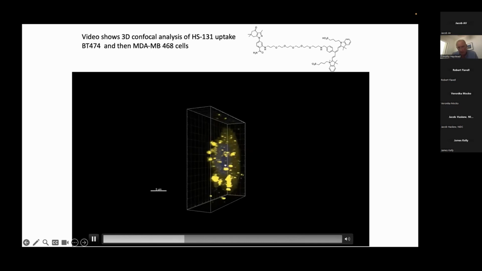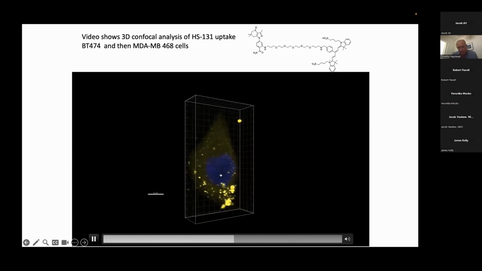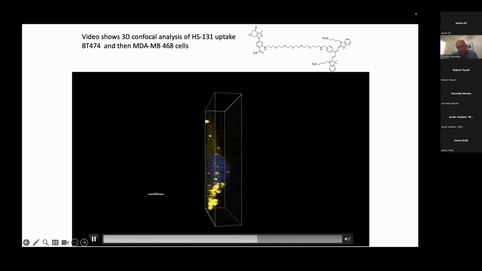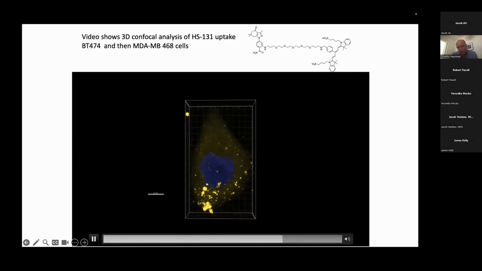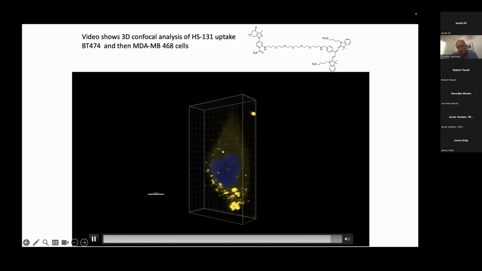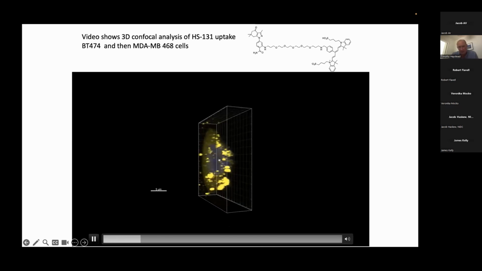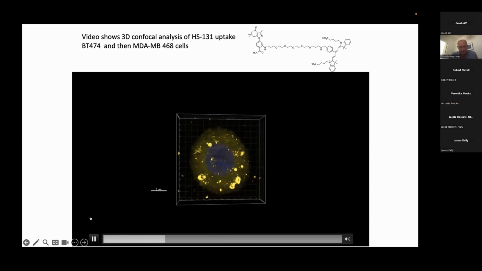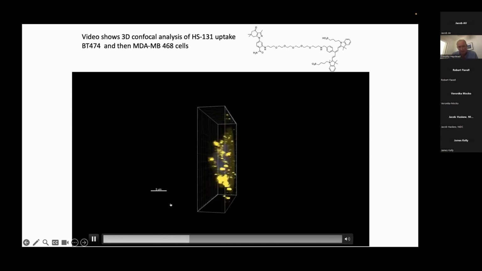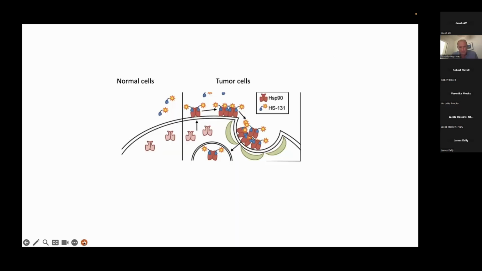And we think they dissolve with the material inside. What's interesting about HSP90 is the internal pool of HSP90 is about 1 to 2% of the cell protein, and this causes long retention and accumulation. So when we measure the concentration of the drugs in these cells, it gets up to micromolar.